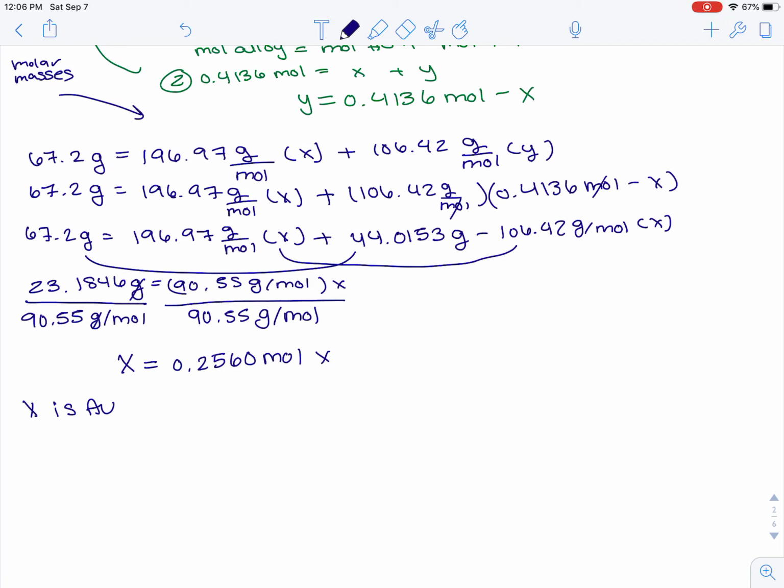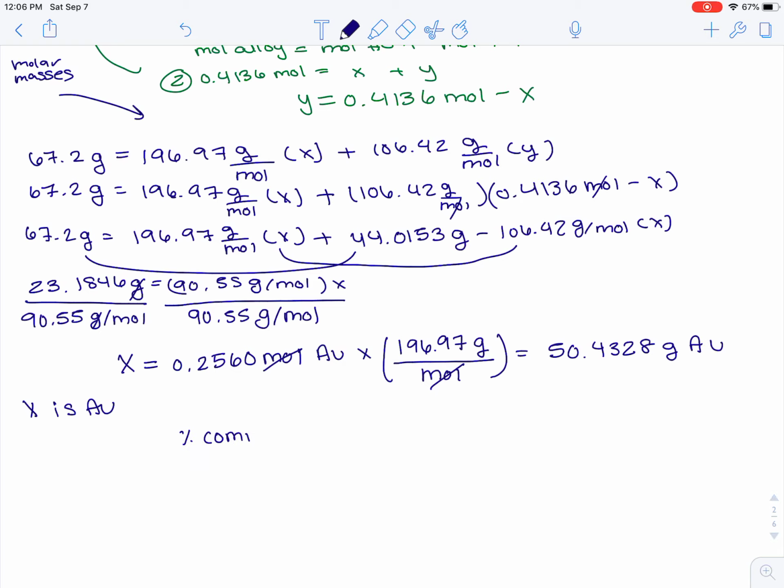So then you take your 0.2560, let's be really specific, moles of gold, since you said X was gold, and multiply it by the molar mass to find just the grams. 196.97 grams divided by moles, which then cancels out your moles, and you're left with 50.4328 grams of gold.